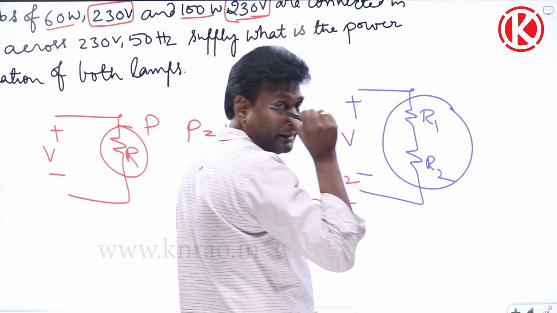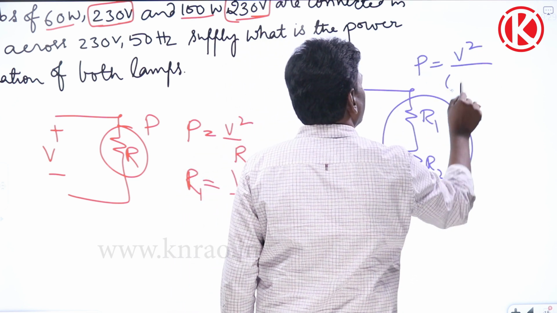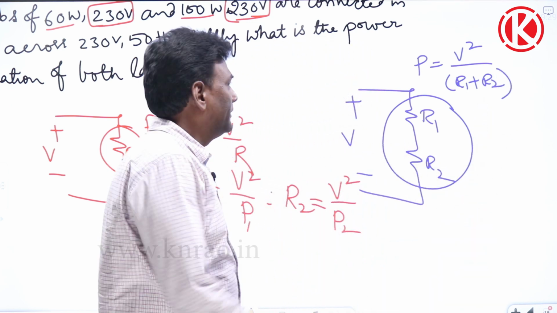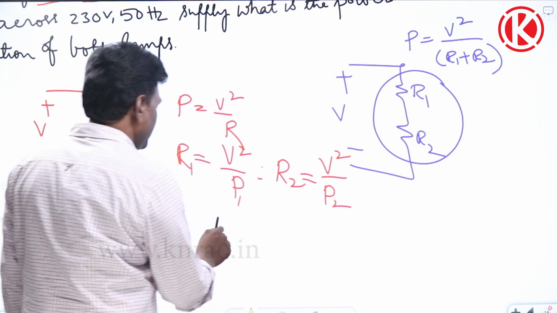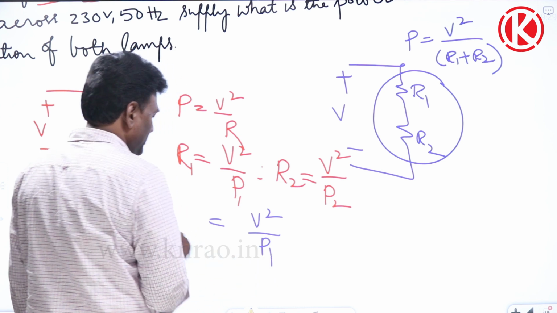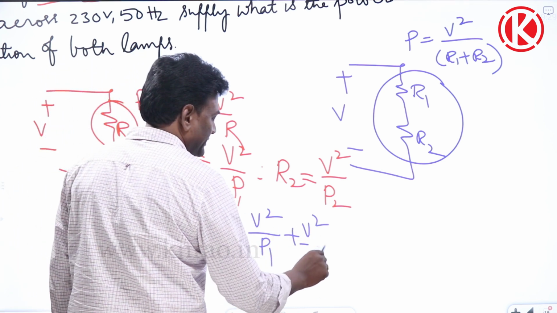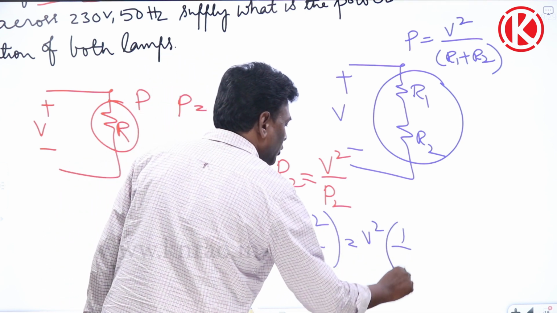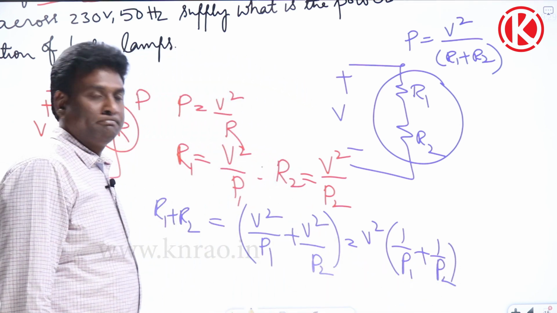Now V square by R is the power, right? So power is going to be V square by R1 plus R2. Okay, so see here, this is going to be R1 plus R2, right? V square by P1, if I calculate R1 plus R2, plus V square, same voltage, by P2, or I can say V square into 1 by P1 plus 1 by P2, right?